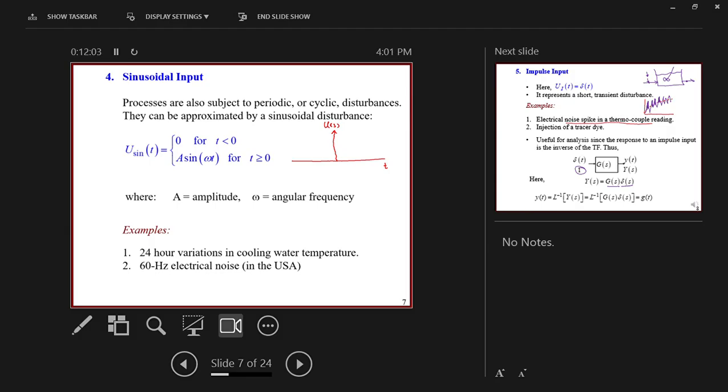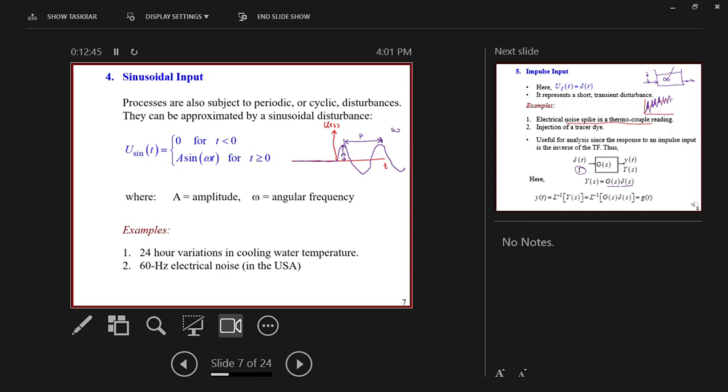Right, so at time 0 there is no change in the process, and suddenly at a certain time it starts going in a sinusoidal, periodic way, and so on. This sine wave has a certain amplitude. This is the amplitude, we will call it A, and it has a certain frequency that depends on the period. This is the period, but from the period we can calculate the frequency omega.